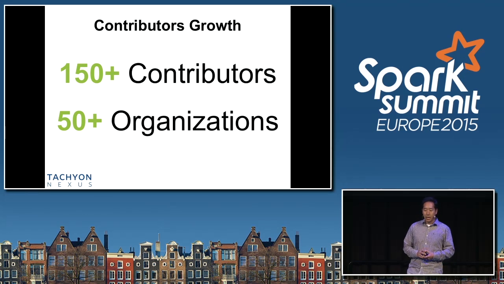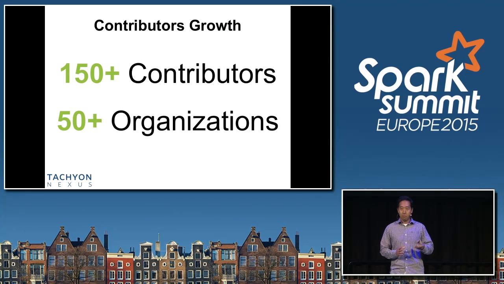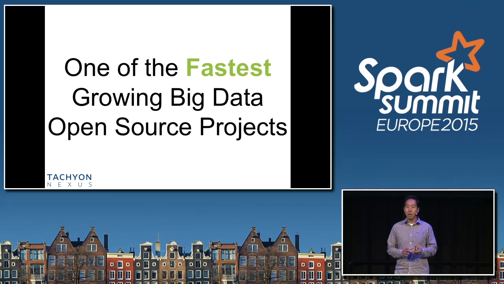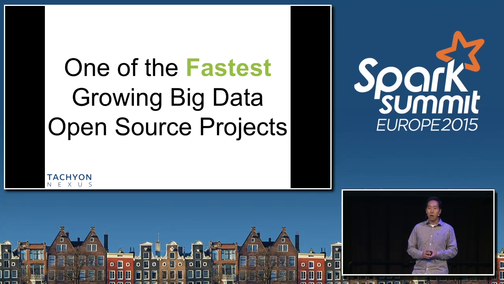And actually now, just for the 0.8 release, there are over 150 contributors representing over 50 companies. That's been really amazing and impressive to see with this project. The project is only about 2 years old in open source, and it's one of the fastest growing big data open source projects out there. So it's really fun to be part of that.